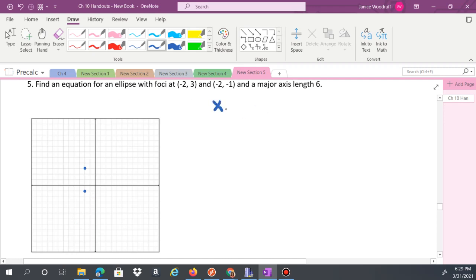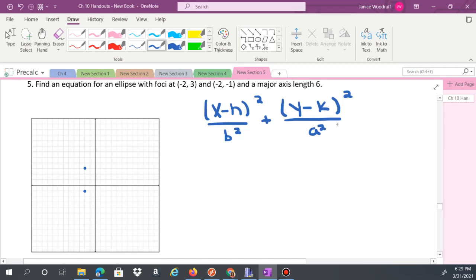The center is not going to be (0, 0), so I'm not going to write the equation yet. Actually, I'll go ahead and do that. So (x minus h) squared over b squared plus (y minus k) squared over a squared equals 1.